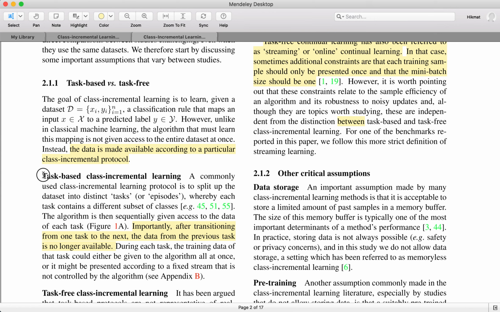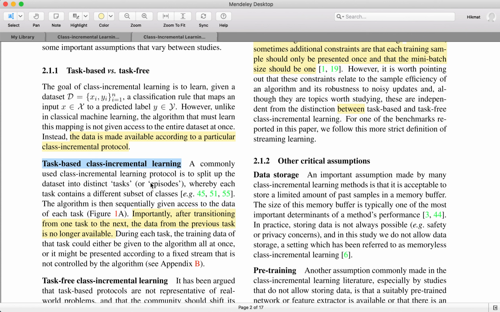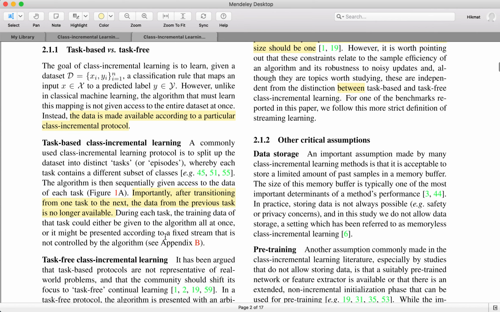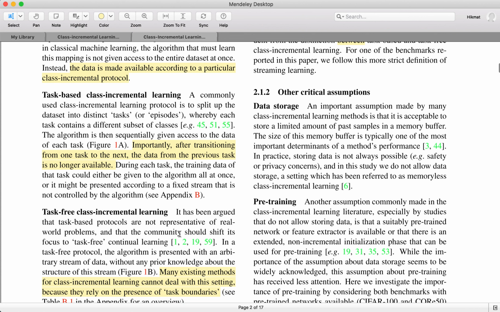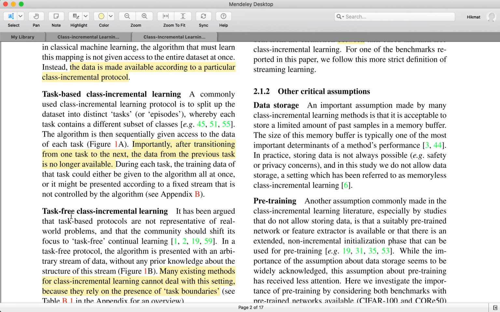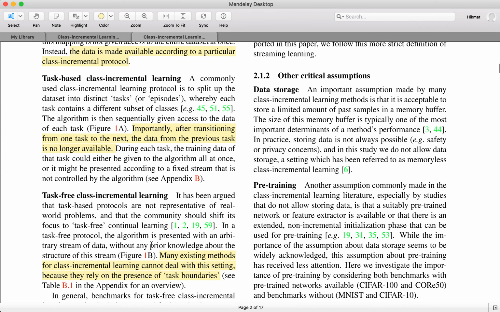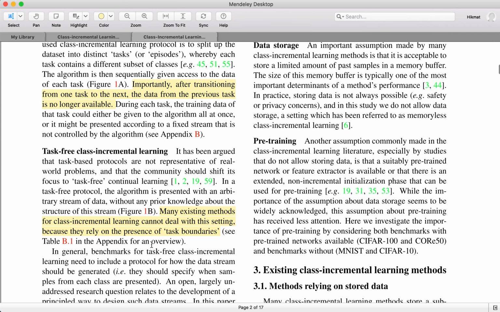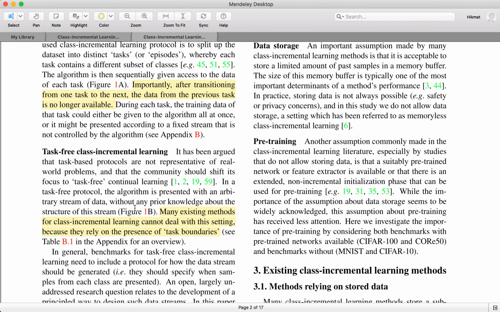Quickly mentioning task based class incremental learning: we split the dataset into distinct tasks, so we have knowledge about the task boundaries, whereas in task free class incremental learning, we don't have knowledge about the task boundaries.